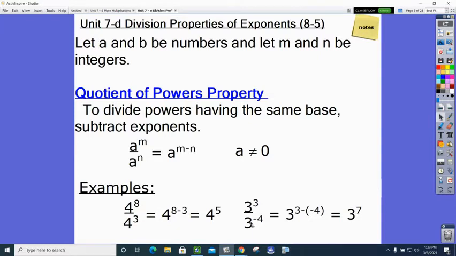But this guy, we could also think about our negative rule would come up. Think about him reciprocating because he's a negative exponent and coming up to join the 3 to the 3rd times 3 to the 4th. And then we could write the common base and add the exponents. So there are multiple ways we can get to that 3 to the 7th. What works for you?